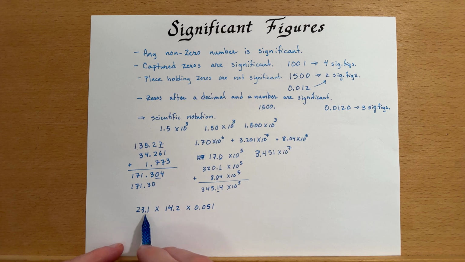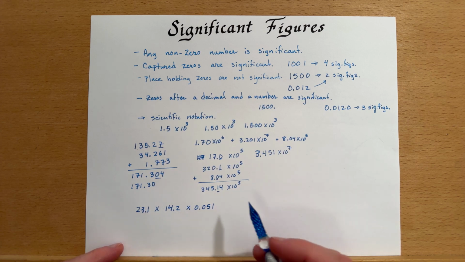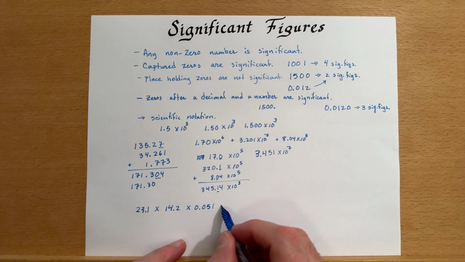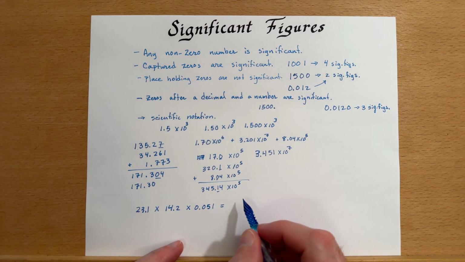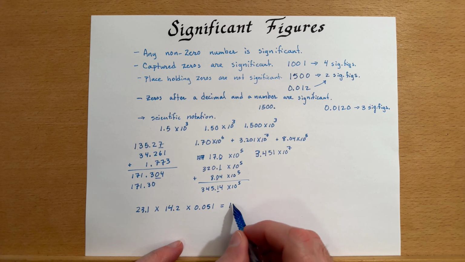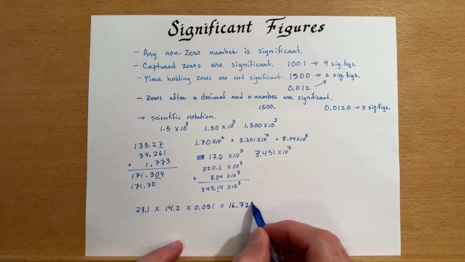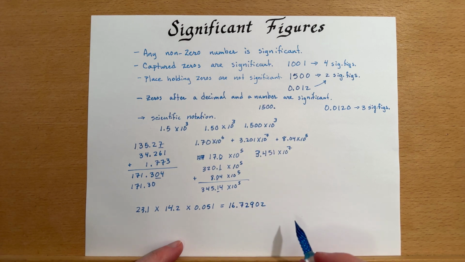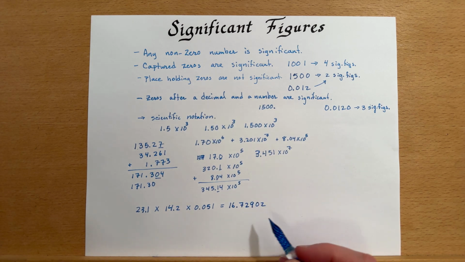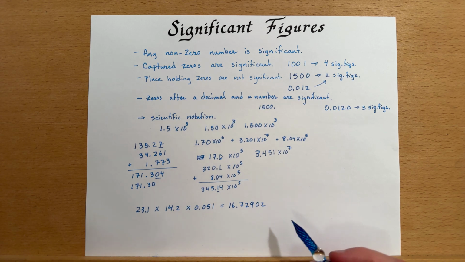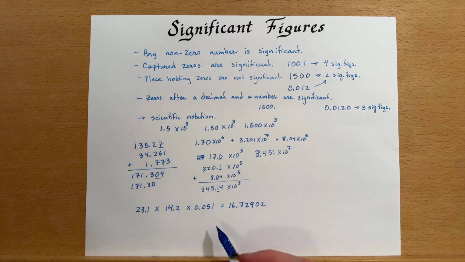So if I take 23.1 times 14.2 times 0.051 and I put that in my calculator, I will get 16.72902. And a lot of times people like to write down all the digits because they feel like that's the best way of doing things. We don't want to lose information somehow.